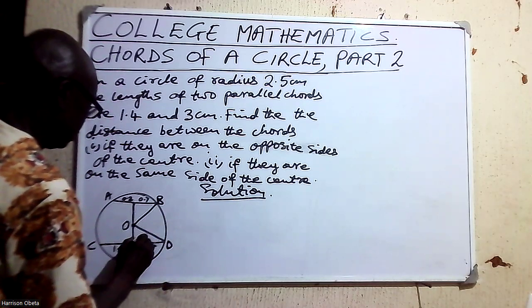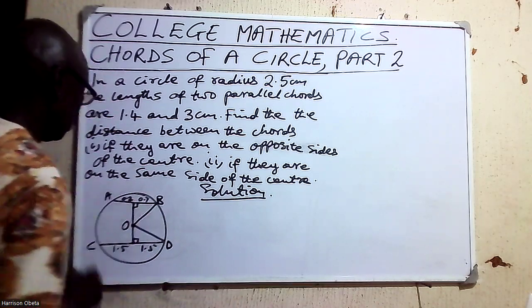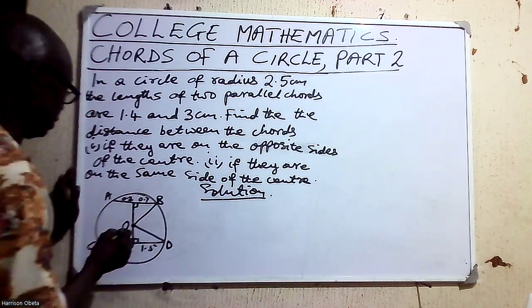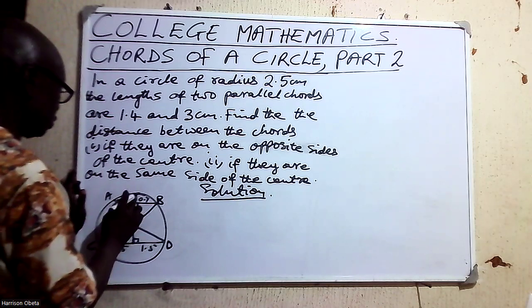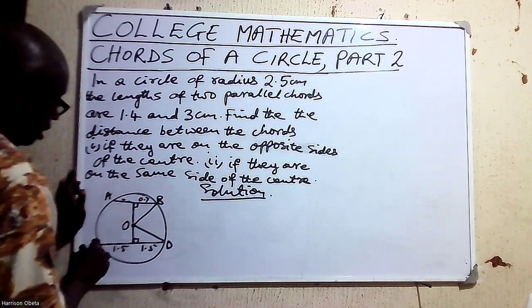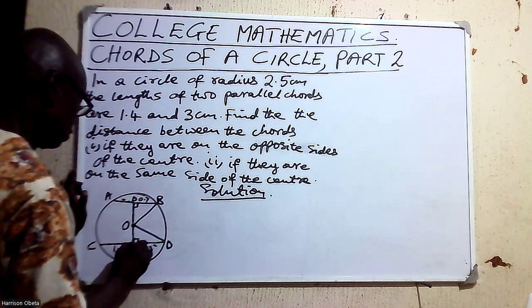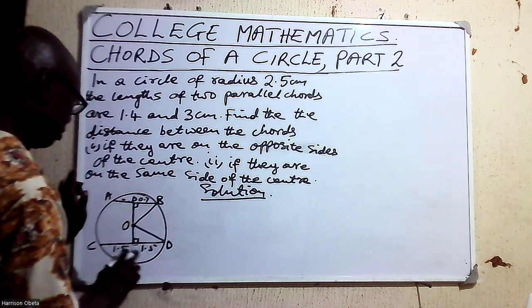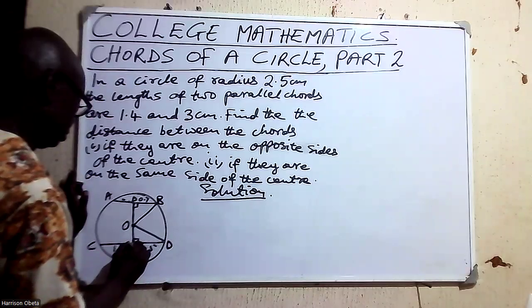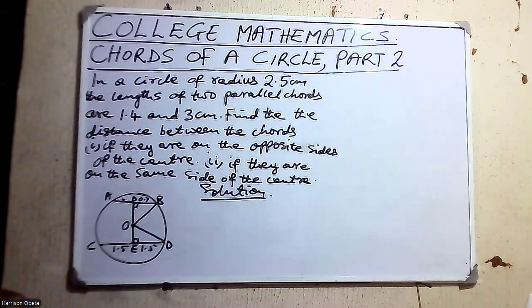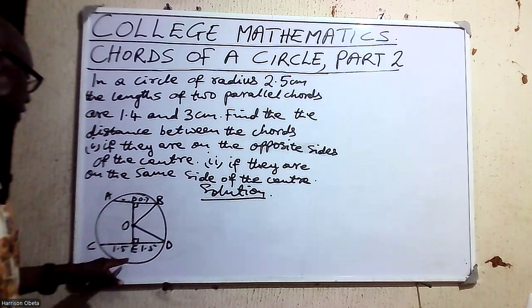So we are trying to find the distance between this and this. Let us call this A, B, C, D, E. We are looking for the length DE.